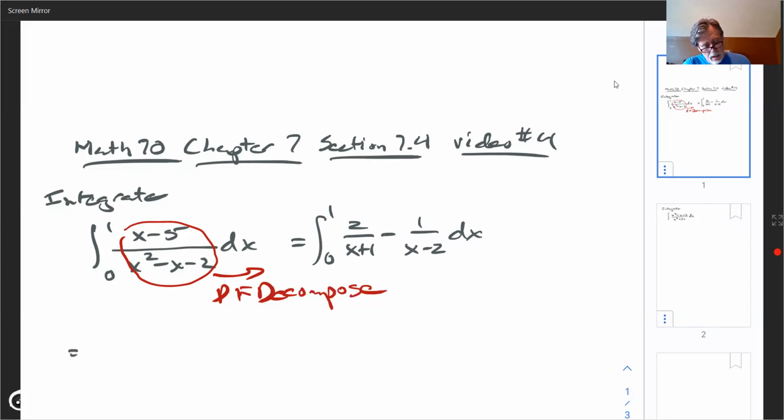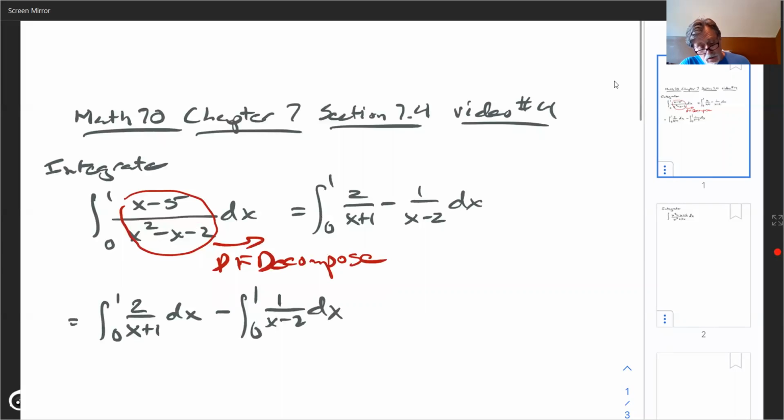So let's take a close look at this. What I've got is the integral from 0 to 1 of 2 over x plus 1. And if you don't mind, I'll split it up into two integrals, the integral from 0 to 1 of 1 over x minus 2 dx. Now, we might already have some experience with this, but in each case, you do them one at a time. Be careful. You're going to let u equal x plus 1.